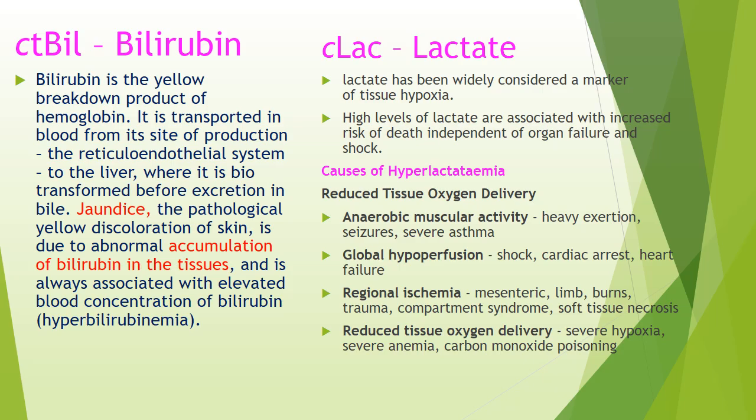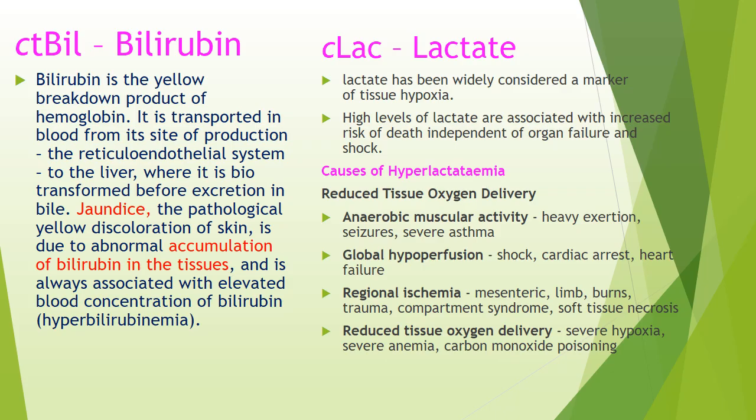I am going to explain about bilirubin. Bilirubin is one of the metabolites we can see in the ABG result. Bilirubin is the yellow breakdown product of hemoglobin. It is transported in blood from its site of production, that means from the RBC, to the liver, where it is biotransformed before excretion in bile.